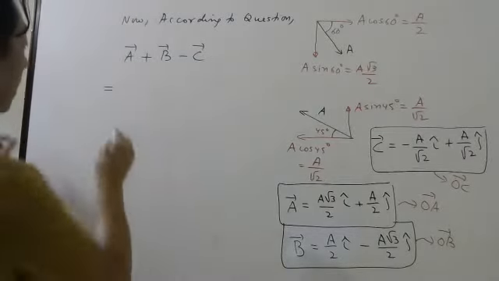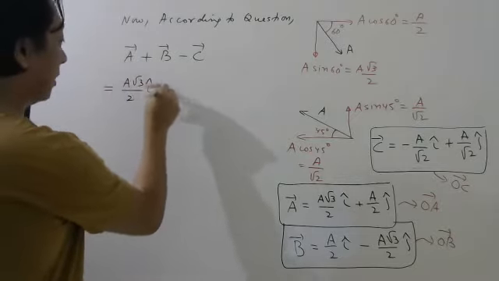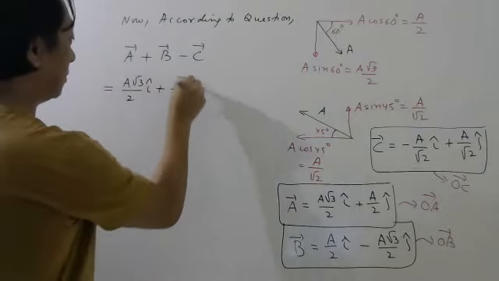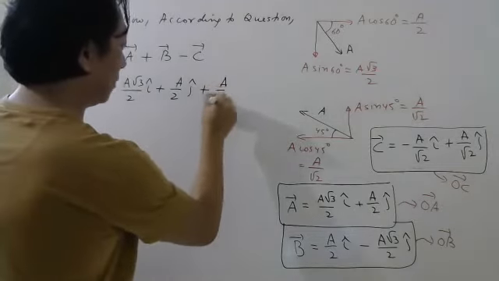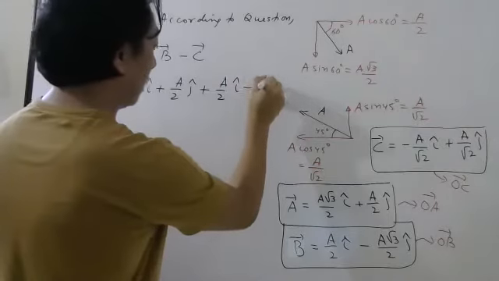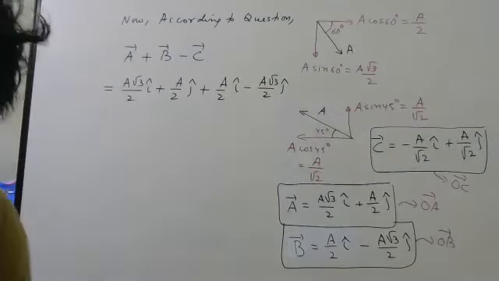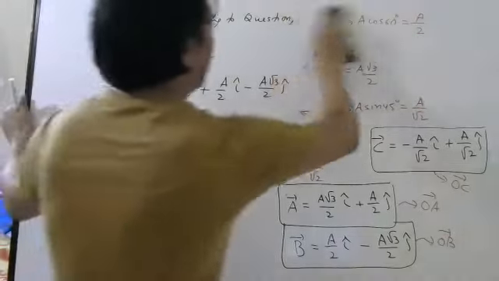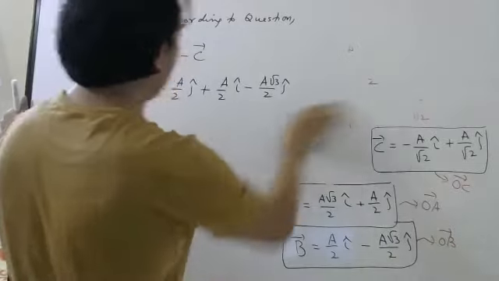What is your A bar? A root 3 by 2 I cap plus A by 2 J cap. That is your A bar. What is your B bar? Plus A by 2 I cap minus A root 3 by 2 J cap.